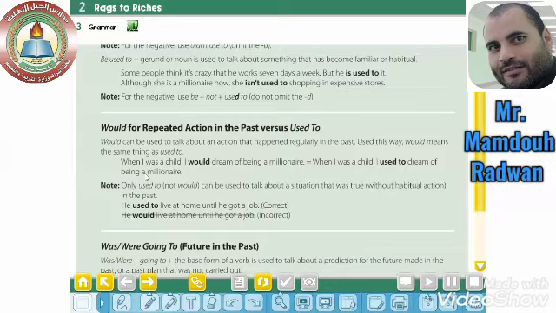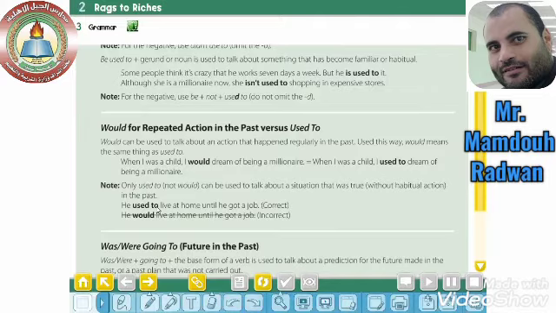So when we talk about habitual actions in the past that are no longer true at the time of speaking, we can use "would" or "used to." Note, only "used to," not "would," can be used to talk about a situation, not an action, a situation that was true without habitual action in the past.